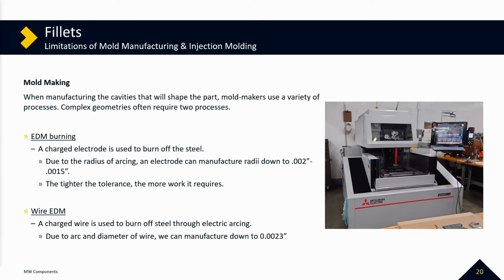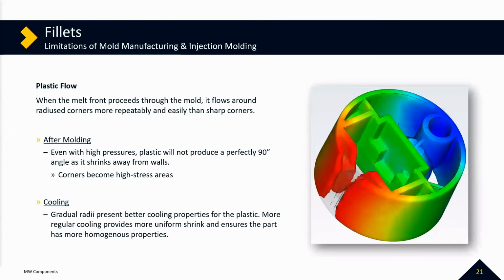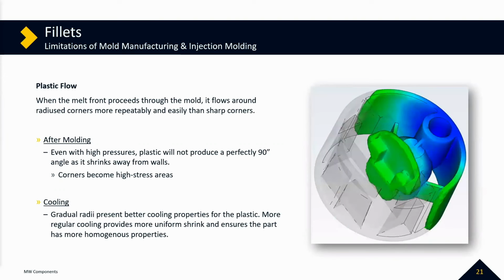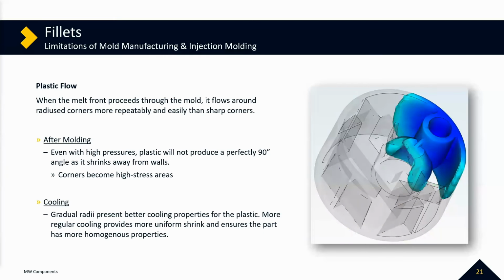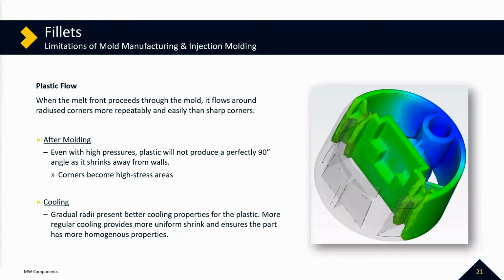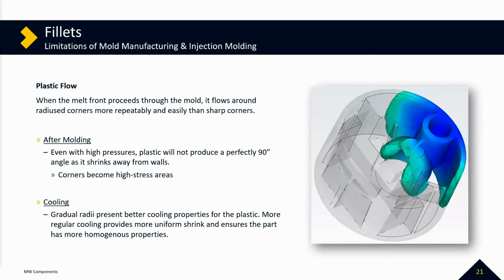So these fillets are also important when it comes down to the plastic filling of the mold. When the melt front proceeds through the mold, it flows around radius corners more repeatably and easily than sharp corners, for one thing. And then after molding, let's say you have a 90 degree corner, the plastic isn't necessarily going to completely fill that and make a true 90.